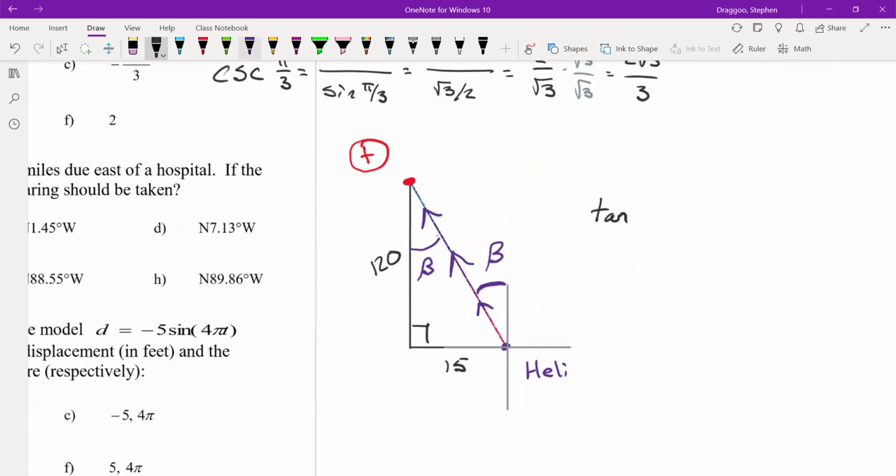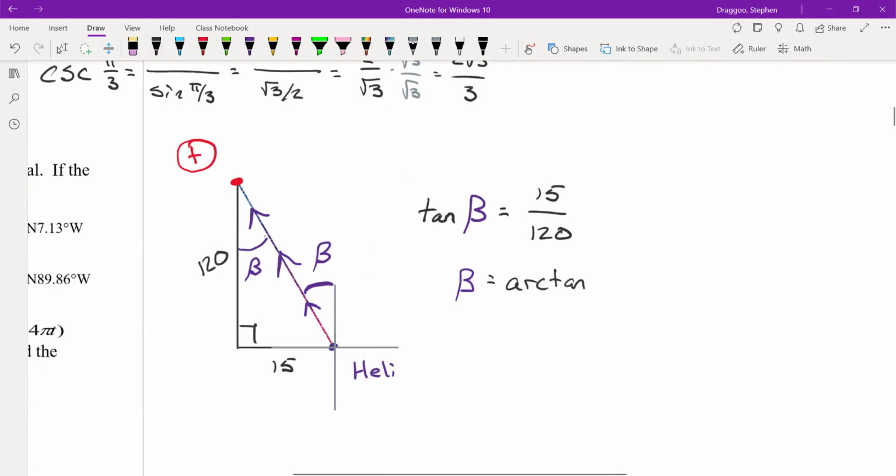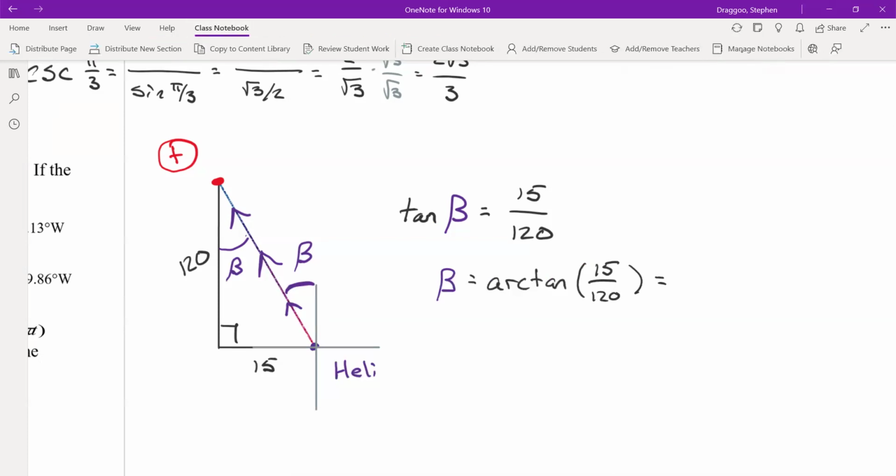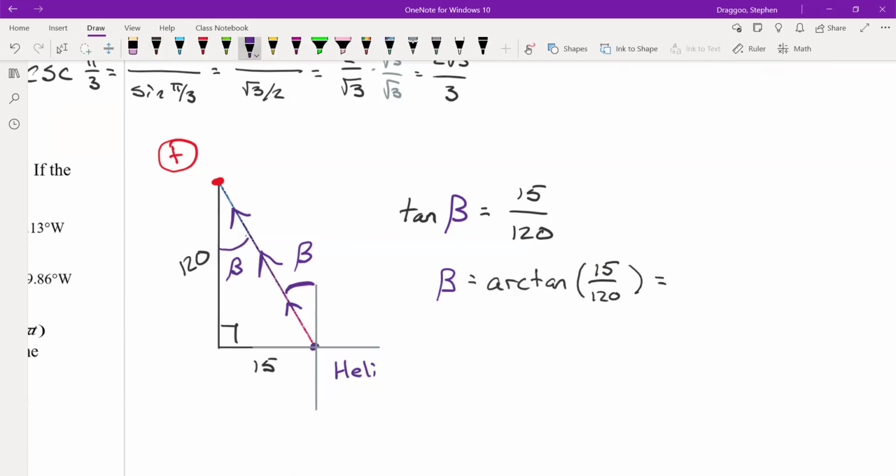I'll set up an equation that looks like tangent beta equals opposite over adjacent, which is 15 divided by 120. Which means that beta itself is the arctangent of 15 over 120. Plug that into a calculator and you can get an answer.